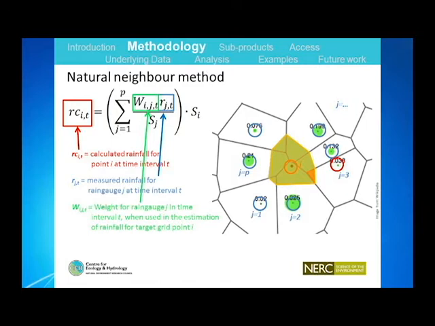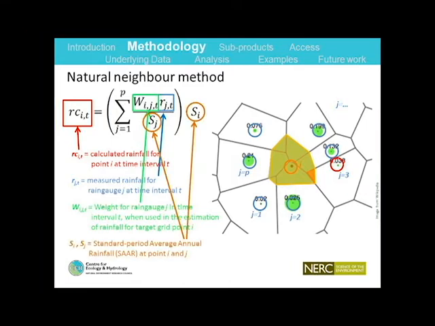We've also applied normalization by SAAR, which is the standard period average annual rainfall, to take into account the long-term spatial pattern of rainfall. And just something I wanted to say here, for the CEH-Gridded dataset, the network of polygons was calculated for every single day.